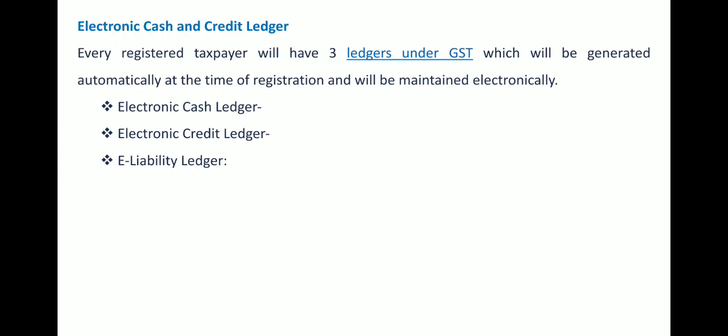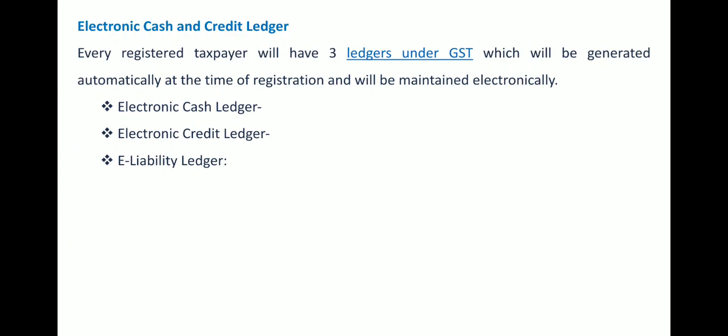And the last ledger to be maintained is the e-liability ledger. Liability in the sense is one obligation, a legal obligation. So that ledger shows the total tax liability of the taxpayer after netting off for the particular month.